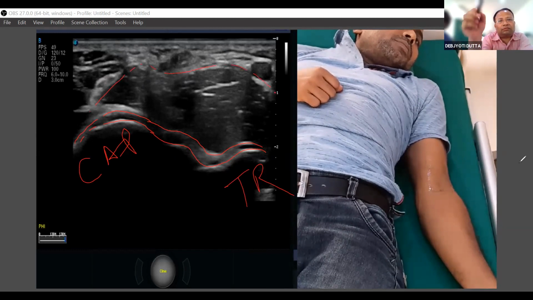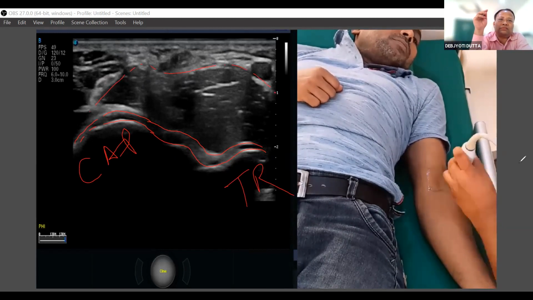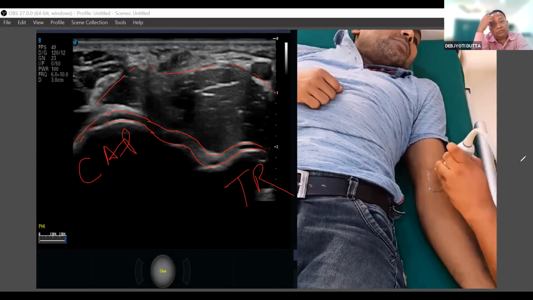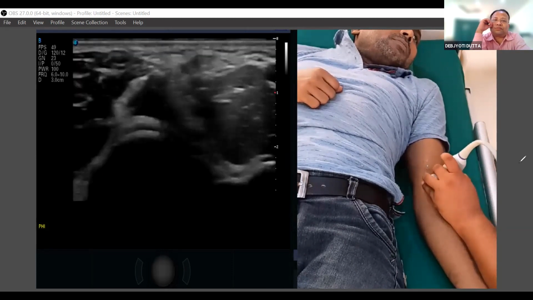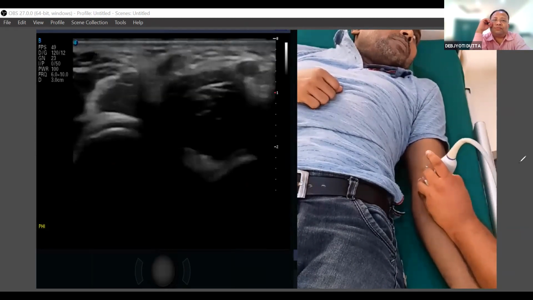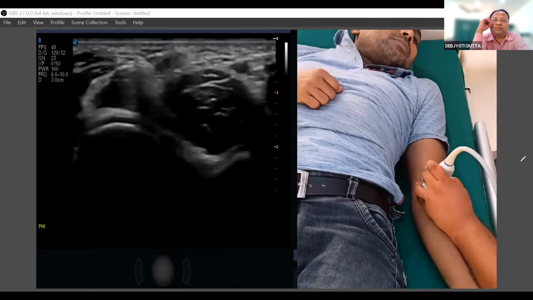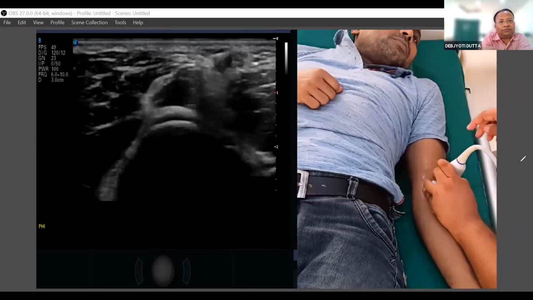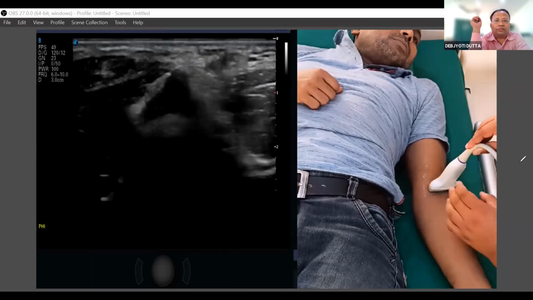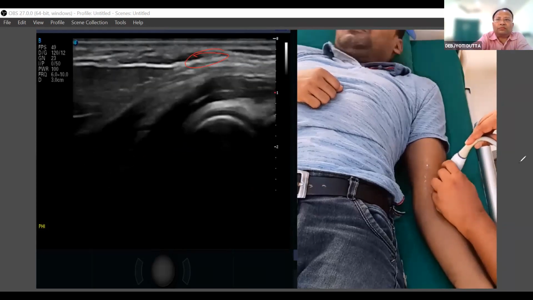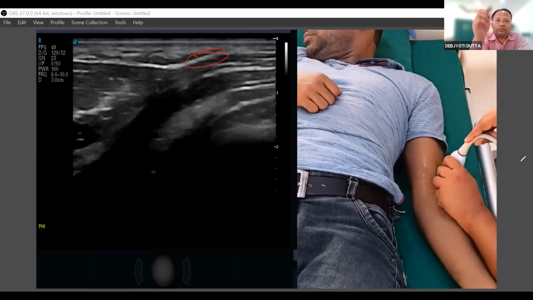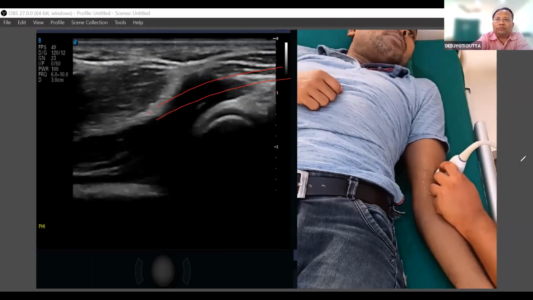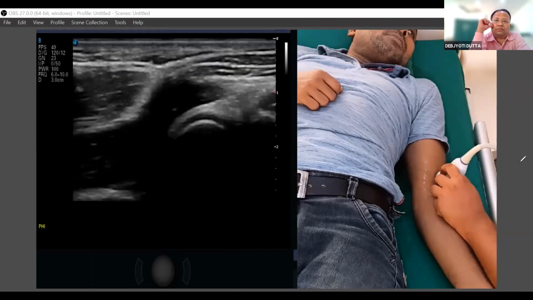We have already seen the cross-section short axis view. Now we are taking that at the center and we are rotating the probe by 90 degrees, so that we can see the portions of the trochlea and the head of the radius.